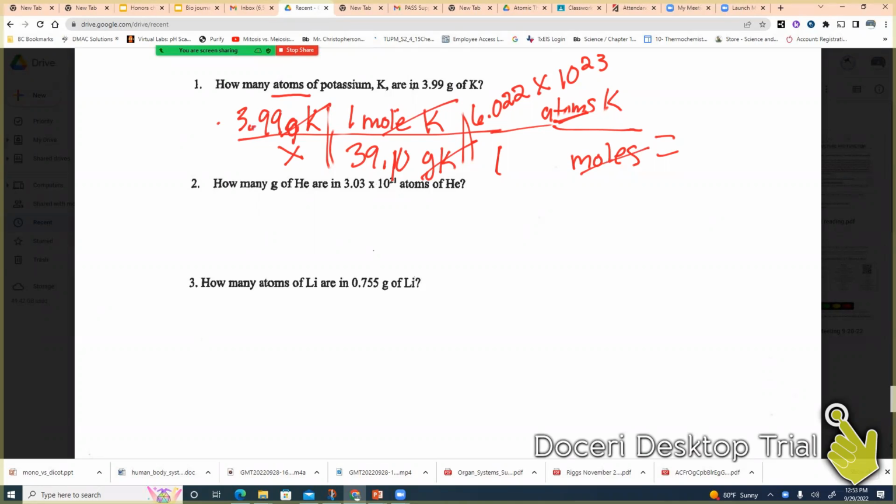So 3.99 times Avogadro's number. Then after you got that answer, you would need to divide by, in this case, 39.10.